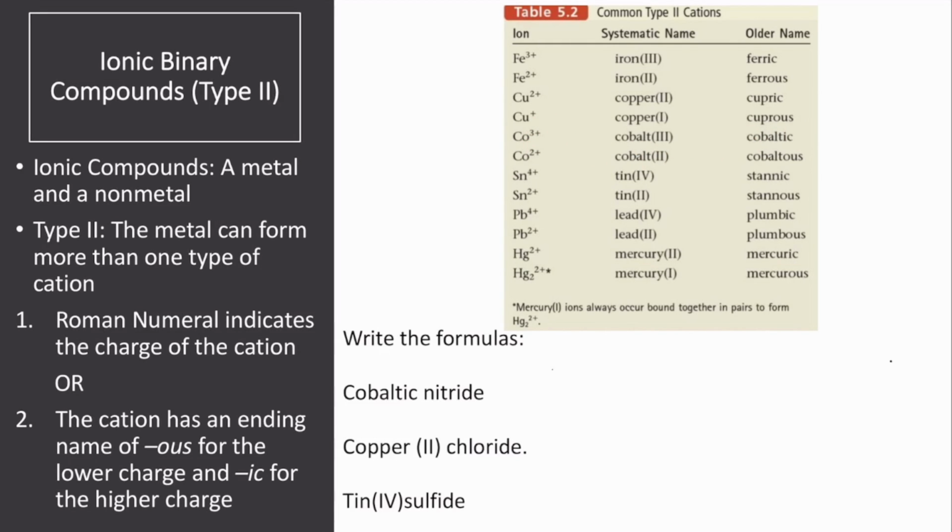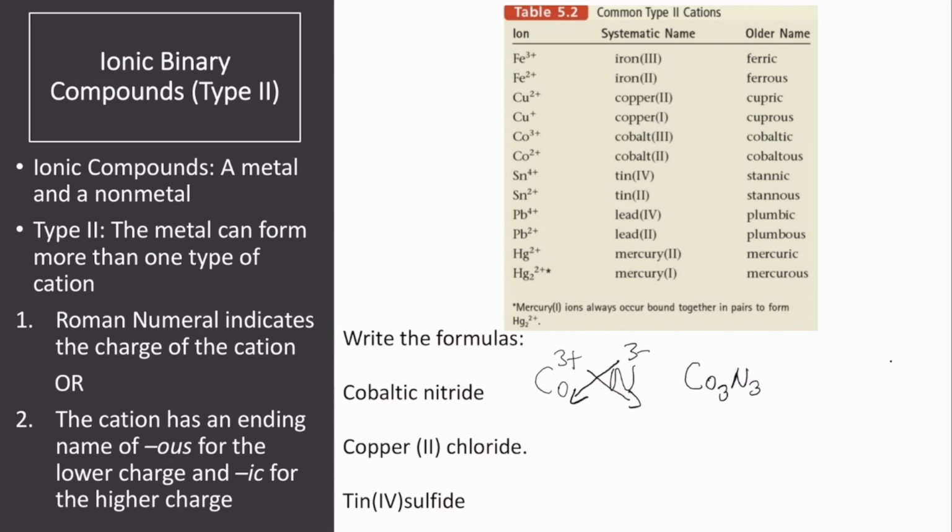So we have to write cobalt 3+. And then nitride, from the previous list of anions, we know that is a 3-. Then we cross the charges, the 3- to the cobalt and the 3+ to the nitride, and we write positive numbers for both. So cobalt 3, nitrogen 3.